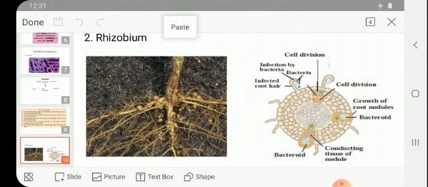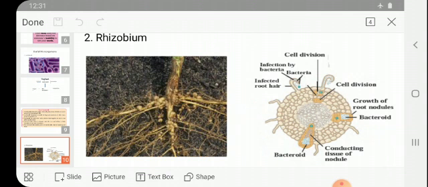As soon as they get the favorable condition and the proper host, at that time they colonize and gather within the root nodules of the plant, and thus they convert the atmospheric nitrogen into ammonia, okay, using different compounds.